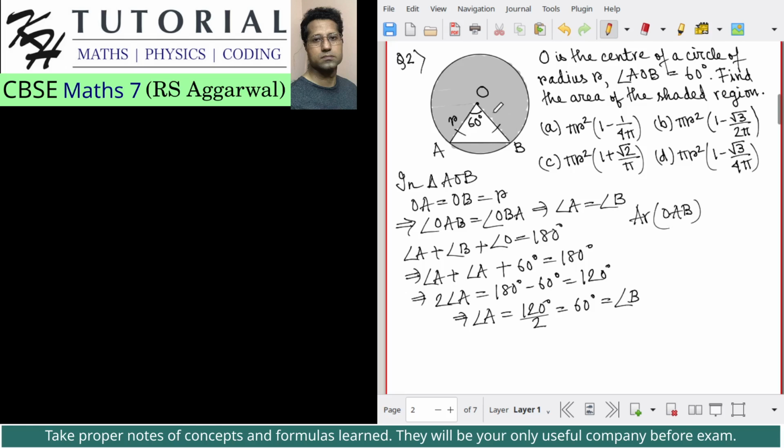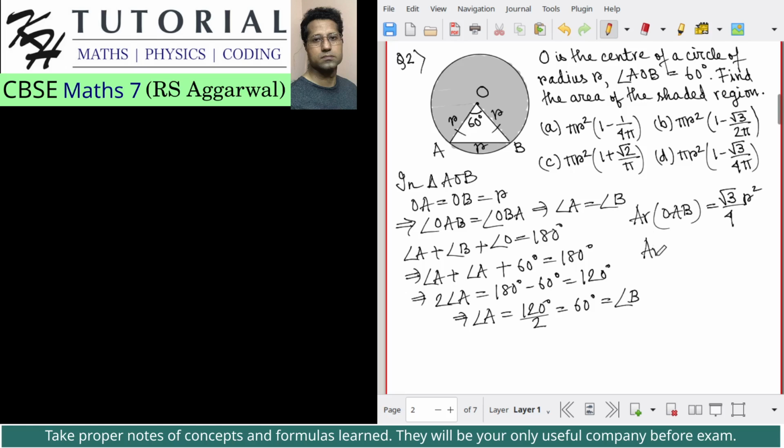Since OA is equal to r, and it is an equilateral triangle, the length of all the sides will be equal to r. So the area of the equilateral triangle OAB then becomes, we know that the area of an equilateral triangle of side a is square root of 3 divided by 4 a square, so here it is square root of 3 by 4 r square. This is the area of the triangle OAB.